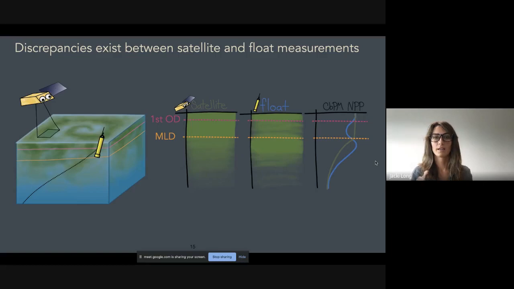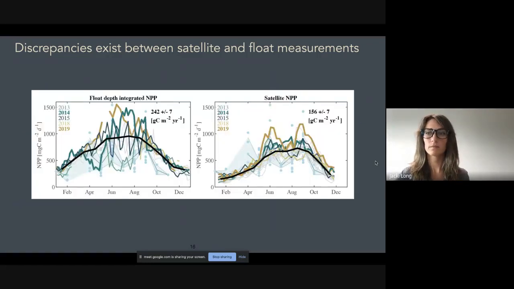And you can see that the satellite for the CBPM algorithm can only see the upper water column area, the first optical depth. So it takes the average of that and then assumes everything is homogeneous throughout the mixed layer. So as you go through depth, you see CBPM is relatively consistent through the mixed layer. And then after that, it attenuates with light attenuation. Whereas the float is actually able to see all of these changes in chlorophyll and carbon throughout the water column.